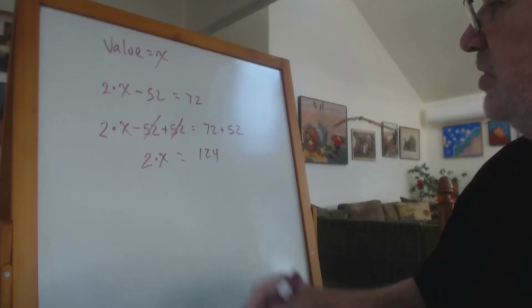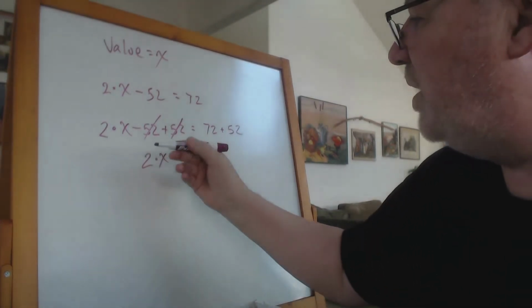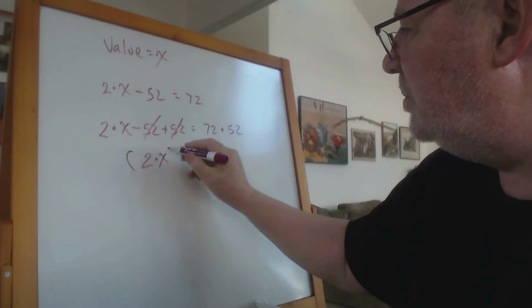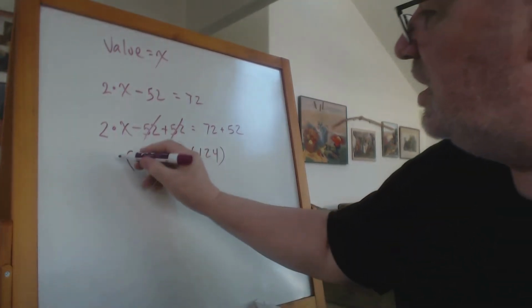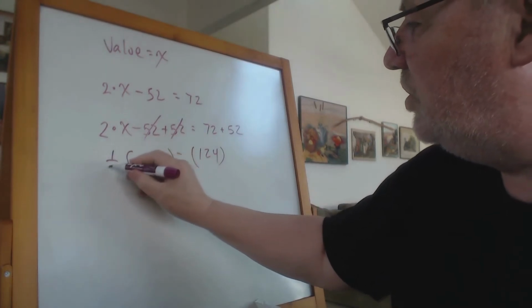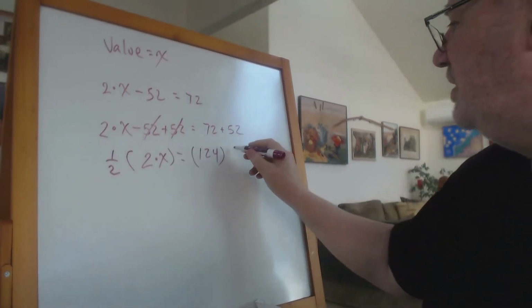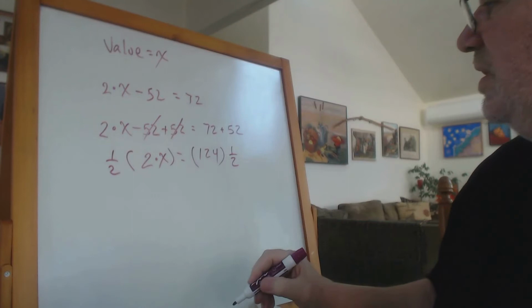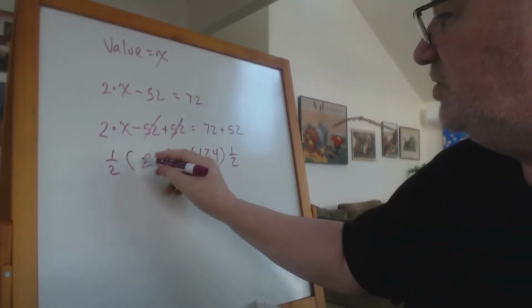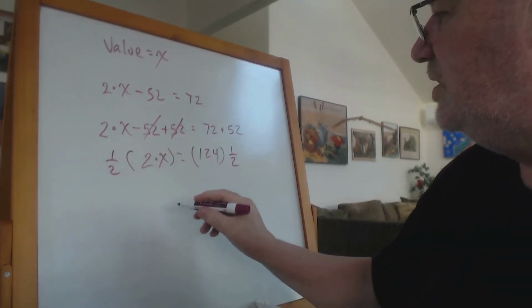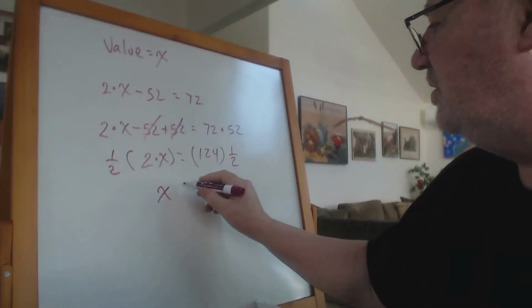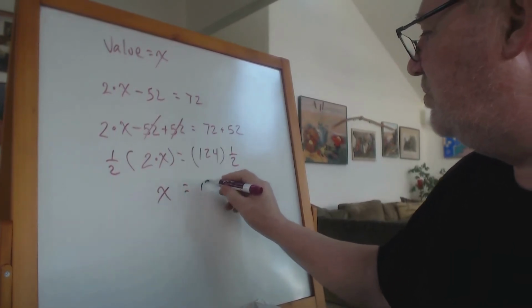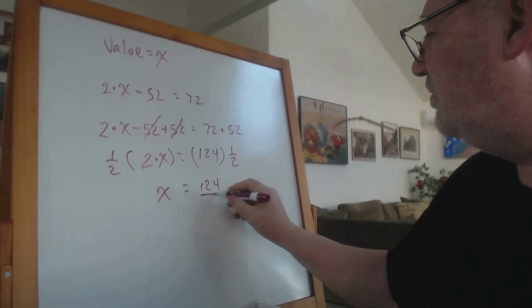If we multiply both sides by 1/2, remember, whatever we do to one side, we must do to the other. So if we multiply by 1/2 and 1/2, we find that 2 times 1/2 is 1, so we have x standing alone here, and we have 124 divided by 2.